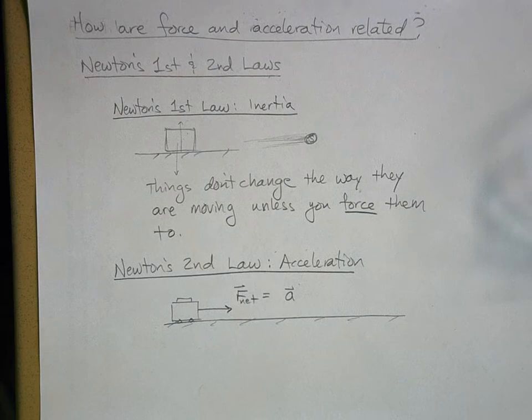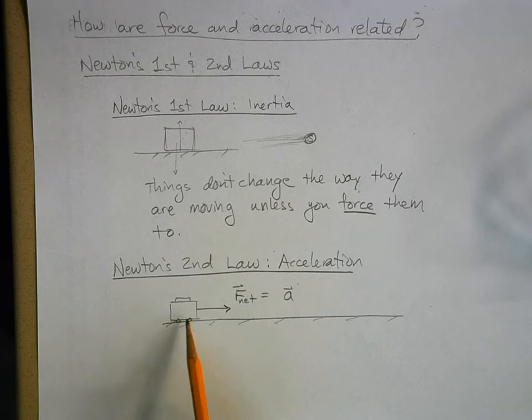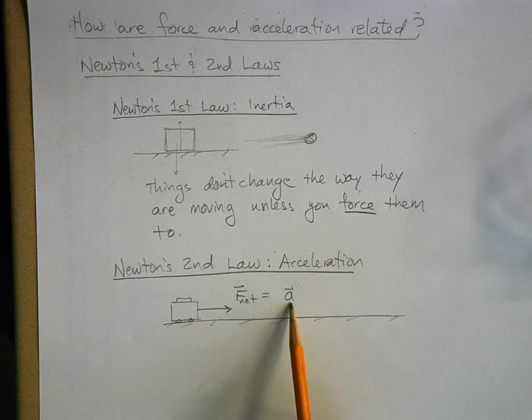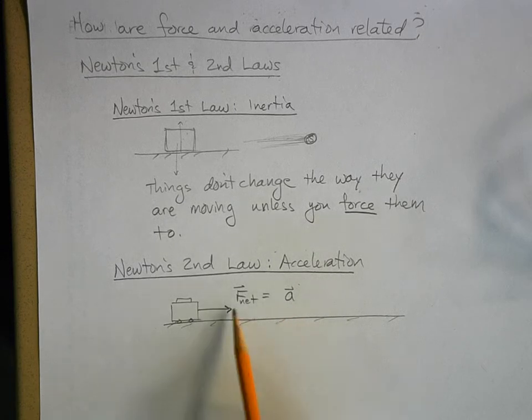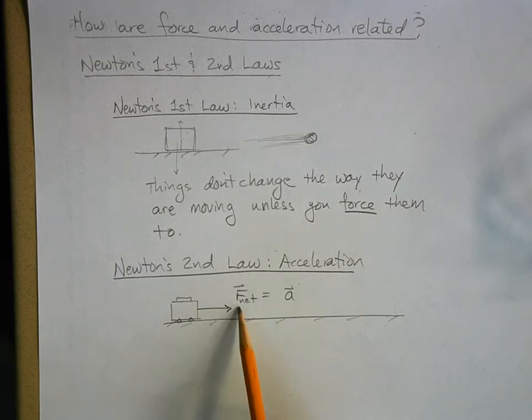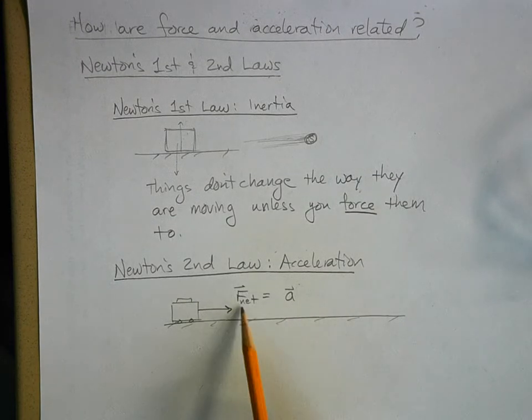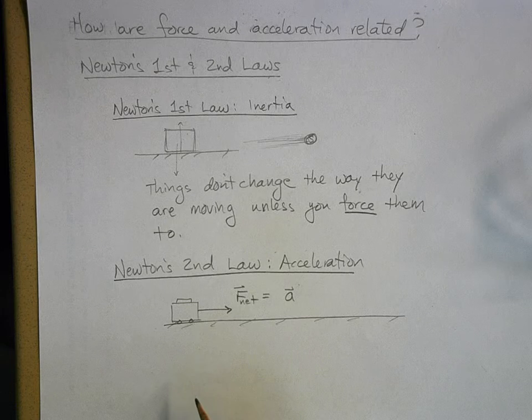Now, it's been empirically observed, that is, we've done lots of experiments, and we've shown that for this object, if I make the force twice as big, I'm going to get twice the acceleration. If I make the net force 10 times bigger, I'm going to get 10 times the acceleration. In other words, force and acceleration are directly proportional.